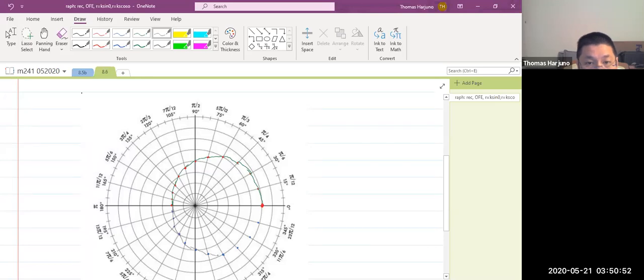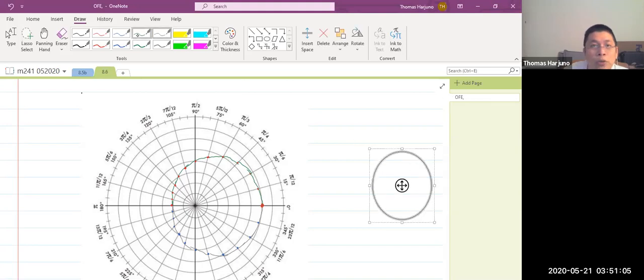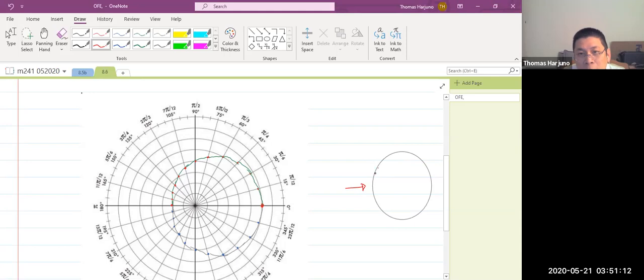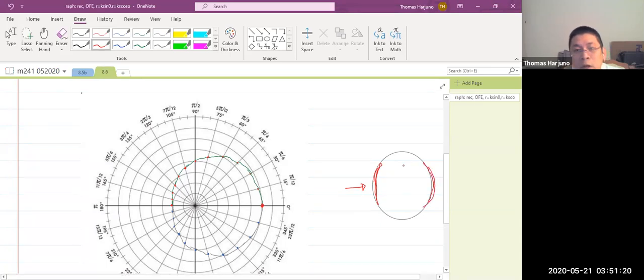Now in math, we have a name for this graph. We call it a limaçon. You can think of it like a circle, like a ball, but you push it a bit from this side, so it gets a bit squeezed on this side, and the part here goes a bit further out.